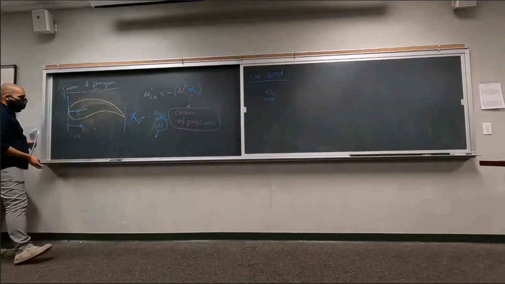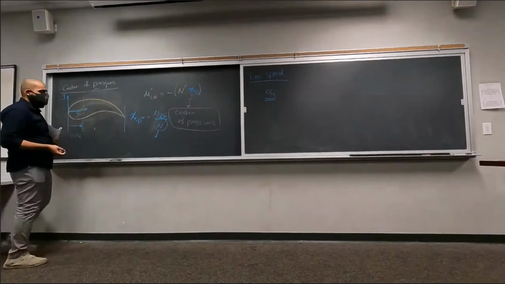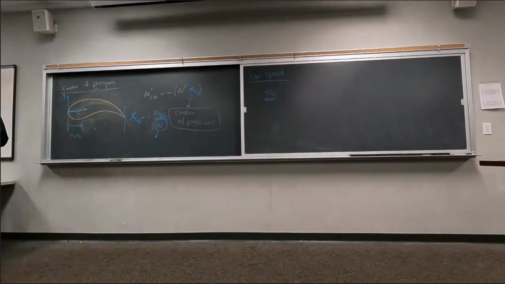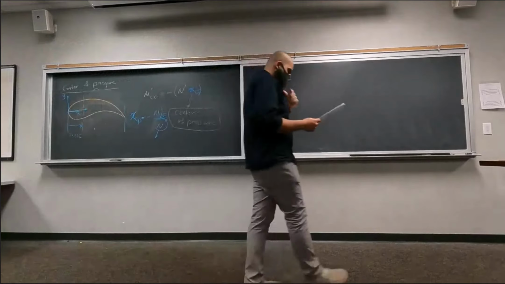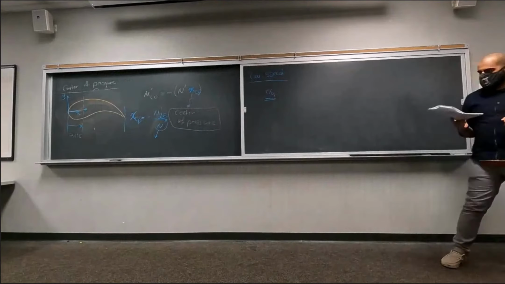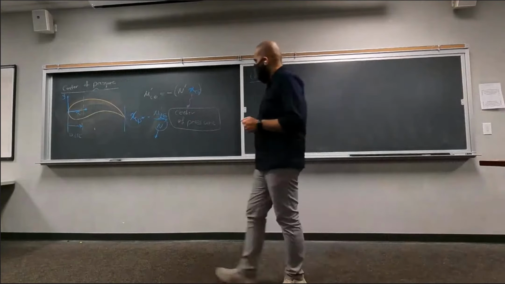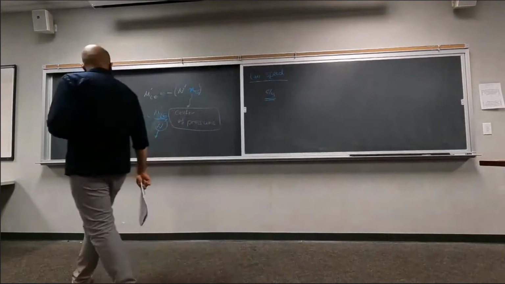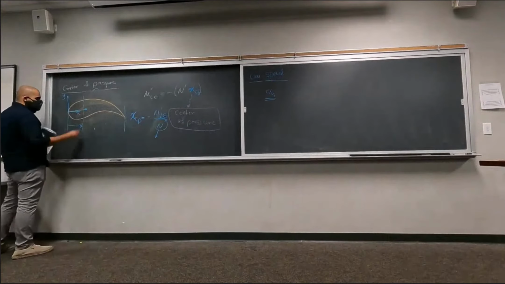Let me ask you this. Can we find a relationship between the center of pressure, the quarter chord, and the moments at the quarter chord and the leading edge? Think about it. So let's say this is your quarter chord.